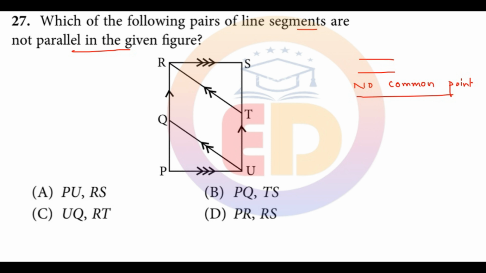They will not meet. They are parallel. Now in this, let us have a look at the first option, PU and RS. This is the line PU, this is the line RS. We can see that both of these lines are parallel. Second option, PQ and TS. This is PQ, this is TS. If you extend them, again they will be parallel.